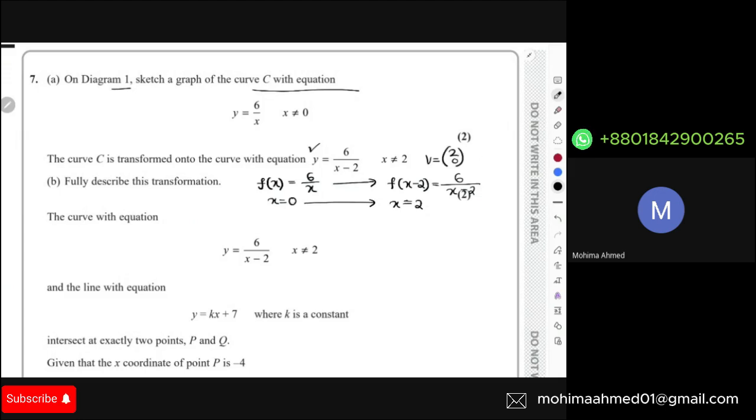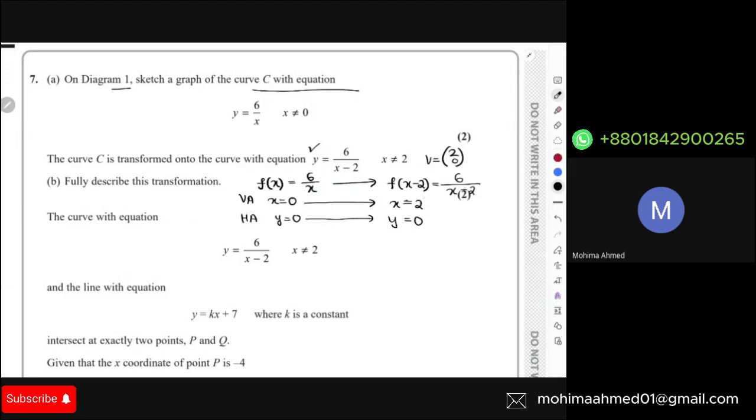So you just have to add this 2 to the x. The vertical asymptote will become x equals 2, but the horizontal asymptote, which was y equals 0, will remain as y equals 0, because there we didn't have any vertical translation. It was just horizontal translation.